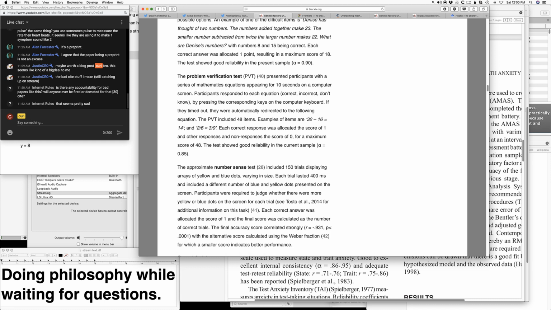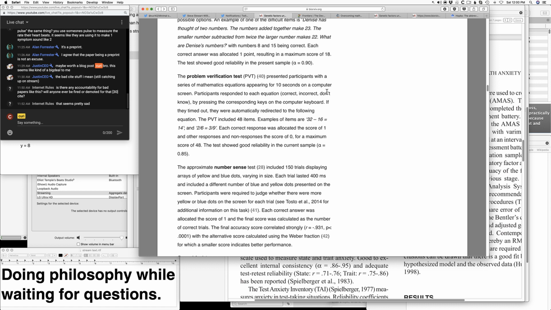The problem verification test presented participants with a series of mathematical equations appearing for 10 seconds on a computer screen. Okay, so their problem solving was based on whether they could do stuff in 10 seconds.